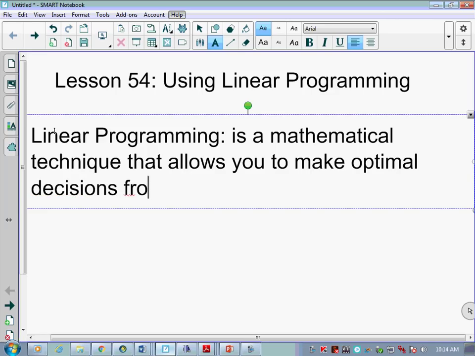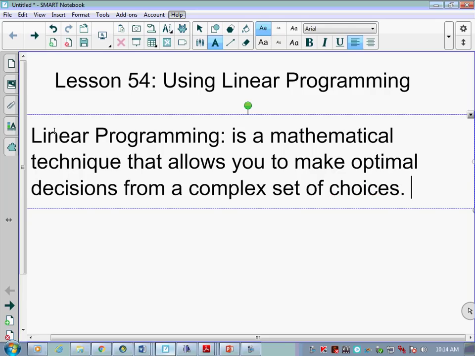The constraints are given as a linear equation. Okay. They give you a couple of different things that they're stating here. Like we said, it is a mathematical technique that allows you to make optimal decisions from a complex set of choices.